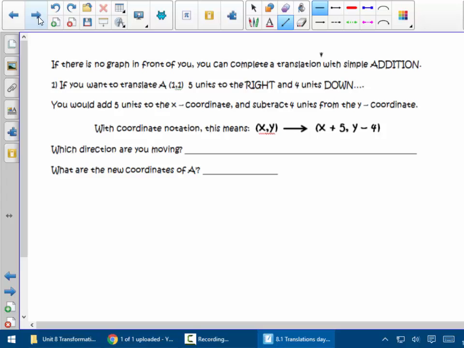So in notation, it would be x plus 5 and y minus 4. I've been doing that. Which direction are you moving? If it's plus 5, must be that I'm moving right. And minus 4 must mean that I'm moving down for my y values.